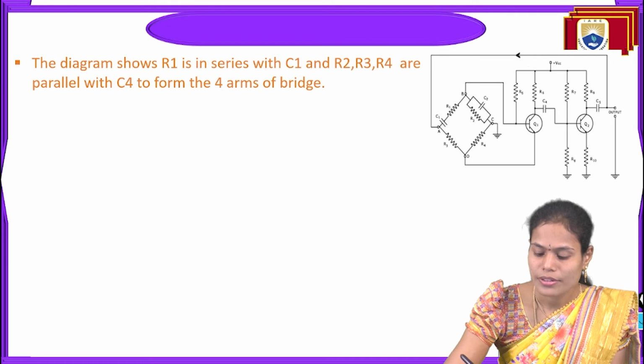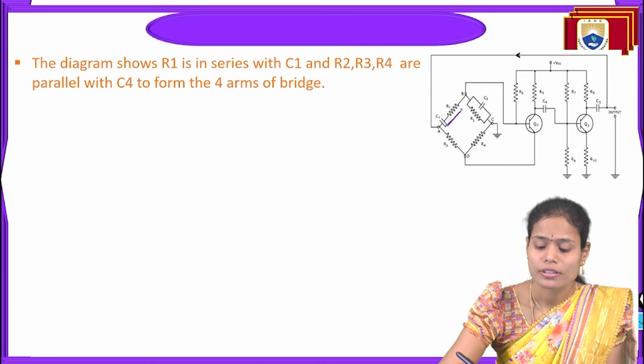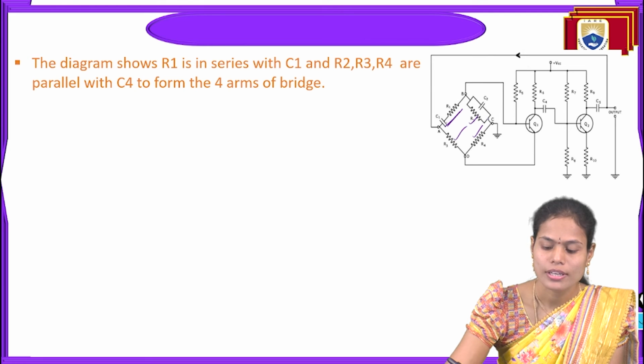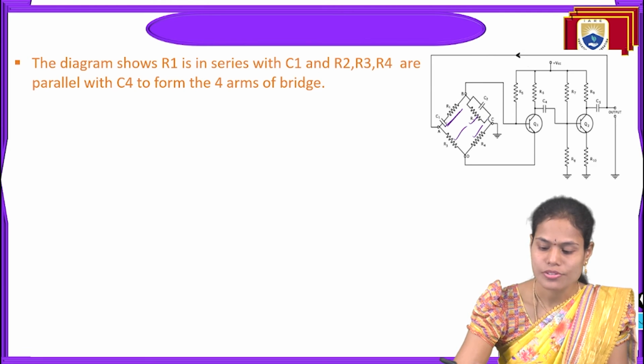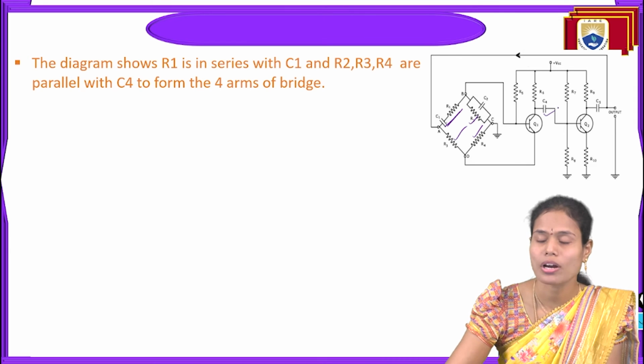See here from the circuit we can say R1 resistance is in series with the capacitor C1, and this R2, R3 as well as R4 are in parallel with the capacitor C2 here. Okay, so these are the 4 arms of the bridge here.